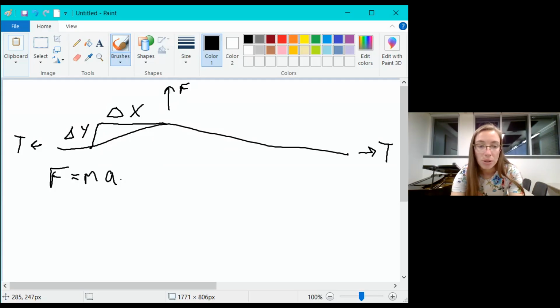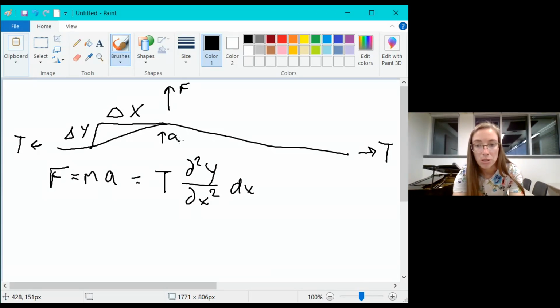And the vertical force of this tension can be written as tension times acceleration in its derivative form, dx. And we'll just show acceleration here on the string diagram.